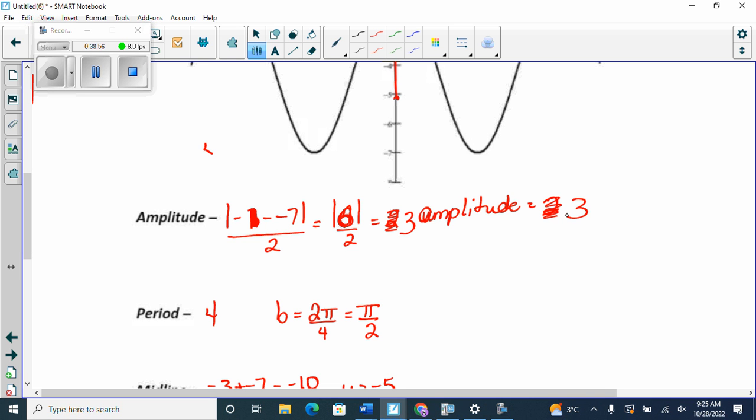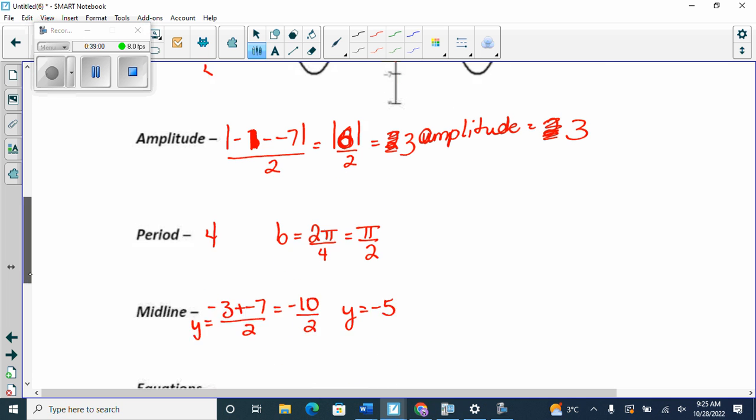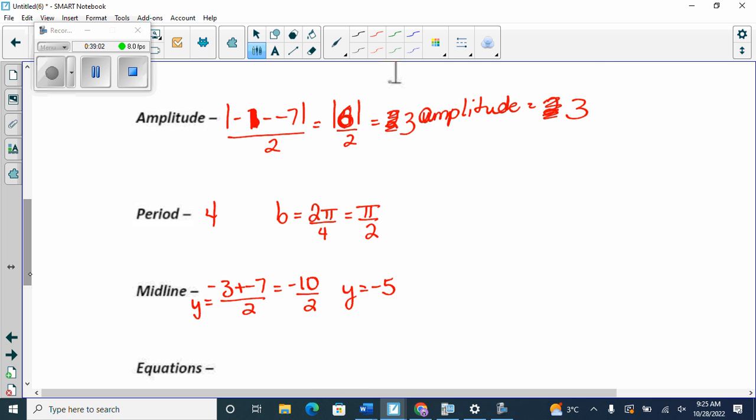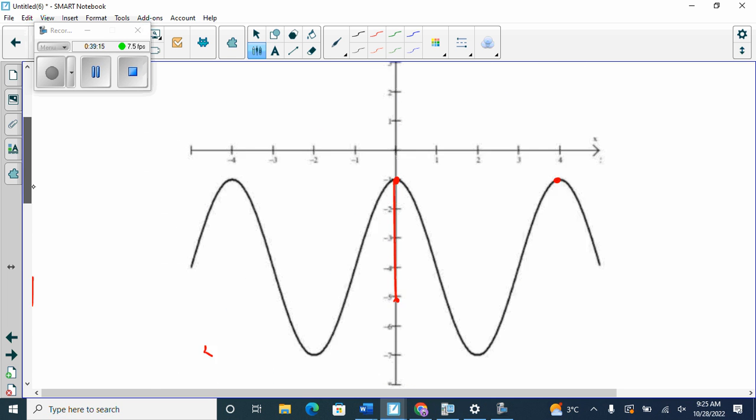When I went to draw the midline, I would have caught my error because it would not have been where it should be. Foolish. I'm foolish. Okay. -4.